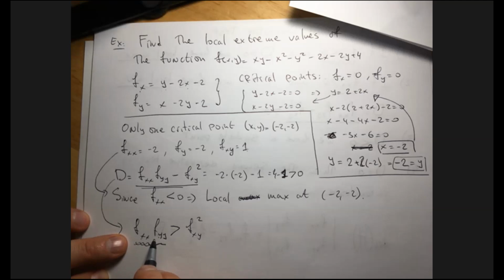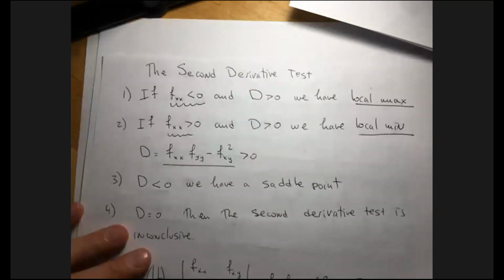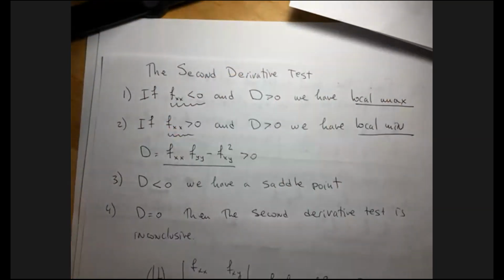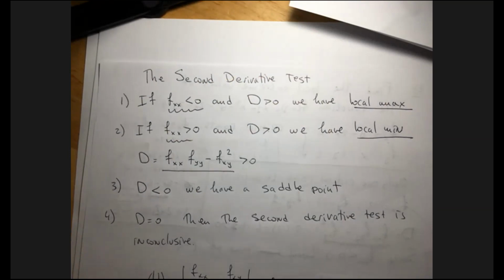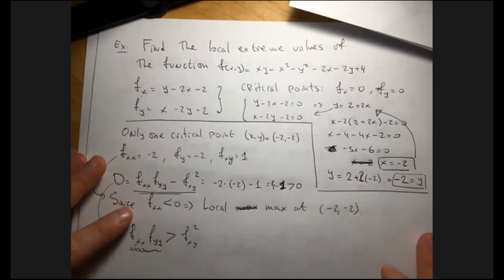So if fxx is negative, that means fyy is negative. If f double x is positive, f double y is positive. So we just evaluate one. This definition here would have been absolutely the same if you say fyy. Okay, that's what I thought. You have to look at one. That's what I'm saying. But I'm going to go into more details next class.